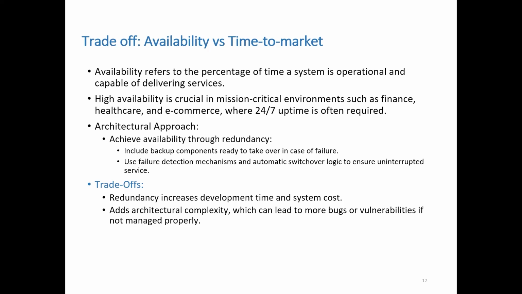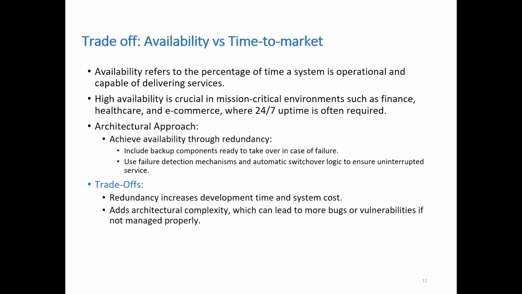To make that work, you need a failure detection mechanism, something that notices when a component goes down, and a switching mechanism that redirects traffic or tasks to the backup. But here is the trade-off. Adding these extra layers increases cost, development time, and complexity.